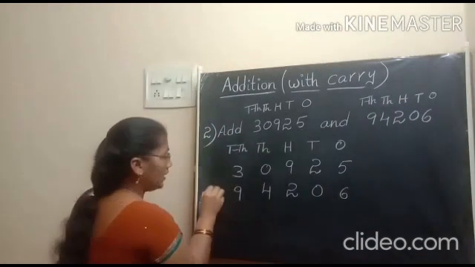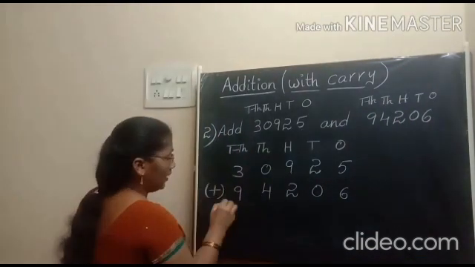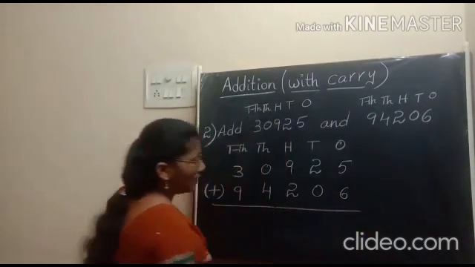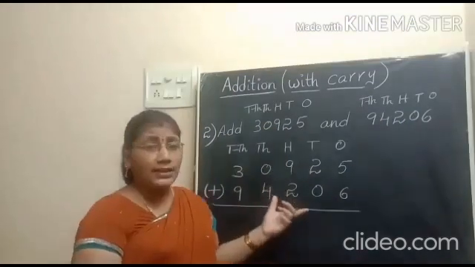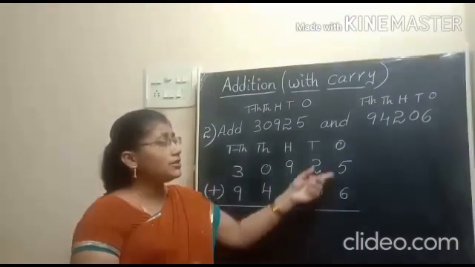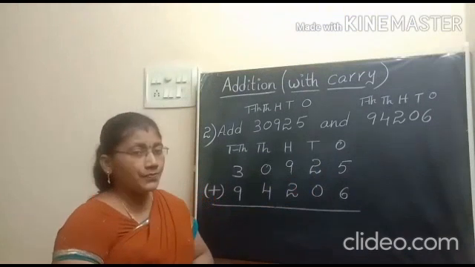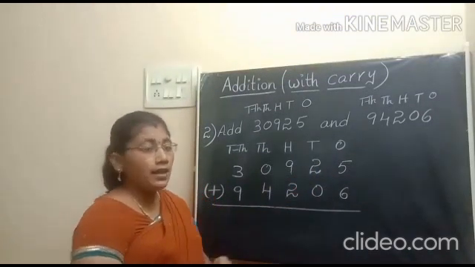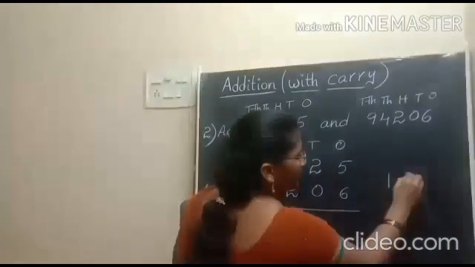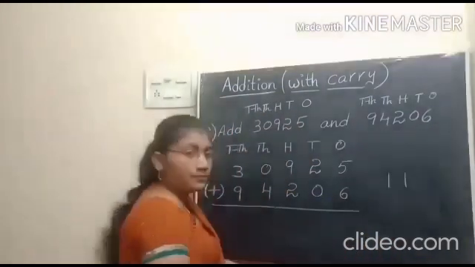Next we have to take addition. Addition on these two numbers. While we are adding any two numbers, first we should start from the ones column. 5 plus 6 is 11.